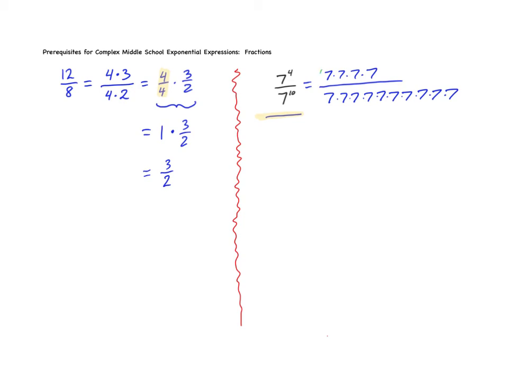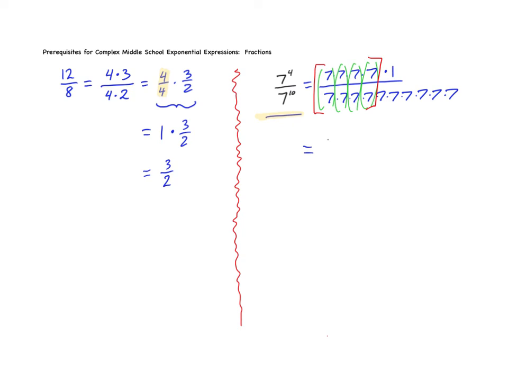Now we can notice that we can find some 1s. 7 over 7. Or actually, I could also say that I have that in 7 to the 4th over 7 to the 4th. I'll put a little 1 in here so that I keep track of things.